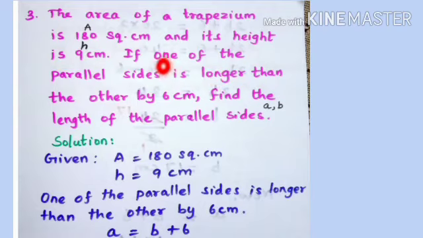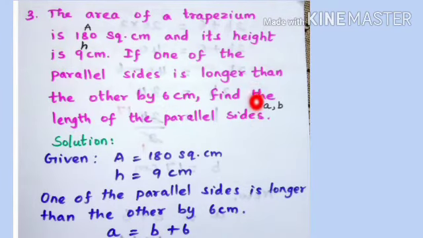Okay. So if one of the parallel sides, let it be A, so A is longer than B by 6, which means A is equal to B plus 6. Longer than means we have to add 6 with B, we get A. So which is the given condition. Find the length of the parallel sides.